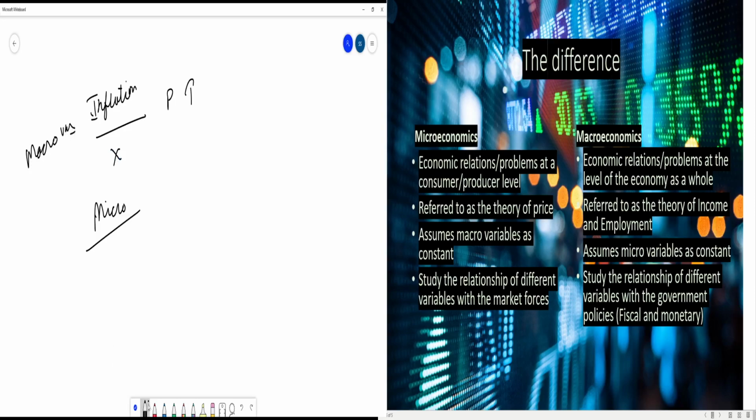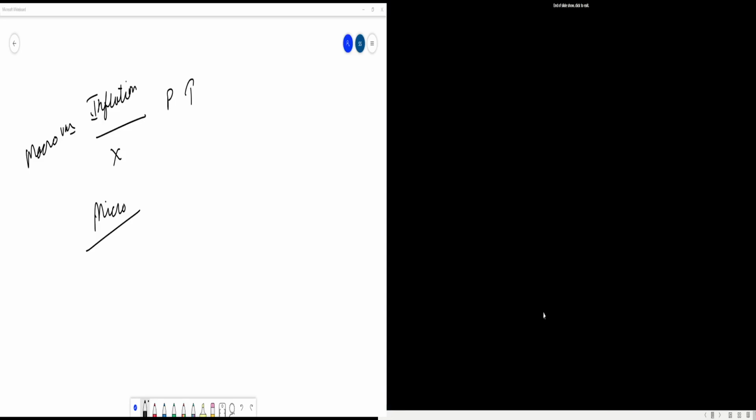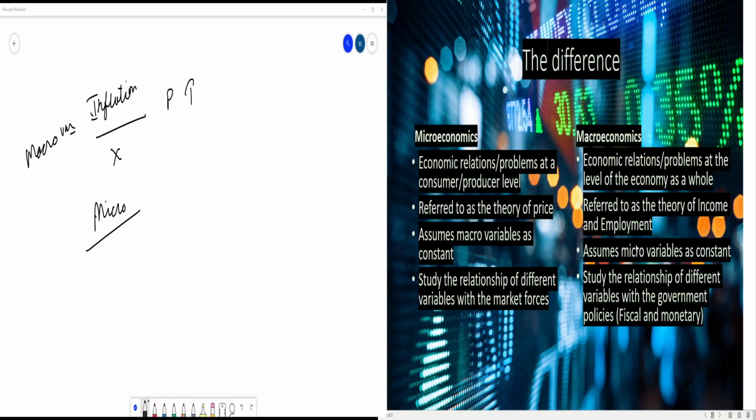Then when we look at macroeconomic studies, we assume that micro variables are constant. So we assume that the total demand is constant, right? Every person has, let's say, 10 quantity of demand, and if we have a total of 10 people in the economy, then they will have a total of 100 demand, right?